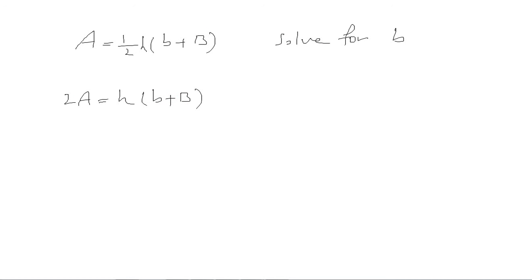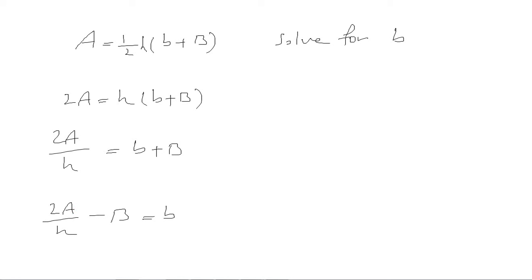Next I need to divide by h because I need to get rid of this h on this side of the equation because I want to isolate b. I don't want anything on this side except b. So I divide by h. I get 2a over h is B plus b. Then my next step would be to move this B here to the left, and then b would be isolated. So it's 2a over h minus uppercase B equals b, and now b is completely isolated.